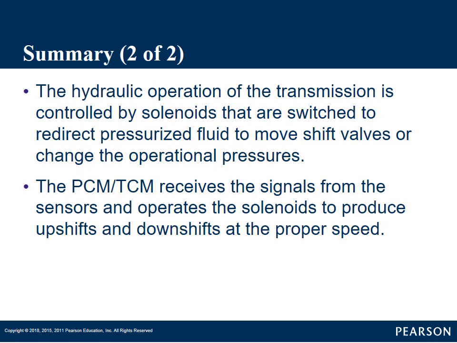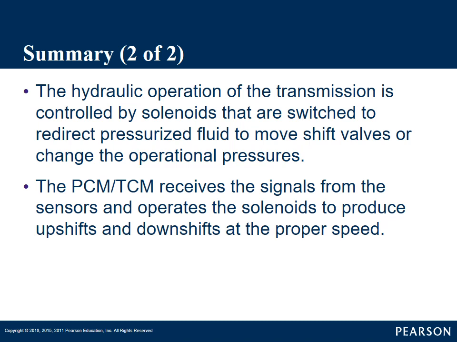We're still using hydraulic pressure in our electronic transmission, but we're using our solenoids to control that fluid pressure, to move our shift valves. And then our PCM and TCM are using these inputs and our storage to control our outputs, to control the speeds of our transmission.